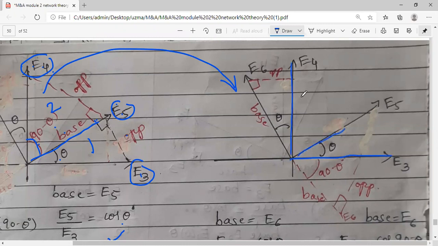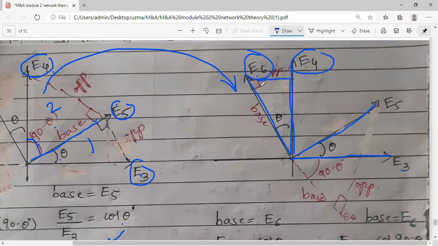The new fields are E5 and E6. Now, looking at this, I want E6 in terms of E4 and E3. So in terms of E4, if I want to express E6, consider this triangle.